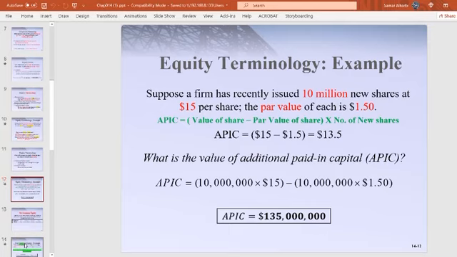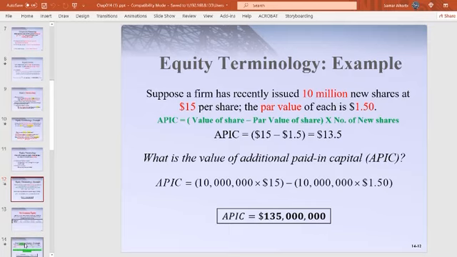So if you find the difference, it is 13.5 per share, because we are talking about one share. If you want to calculate it for all shares in the market, which is 10 million, just multiply it by 10 million.